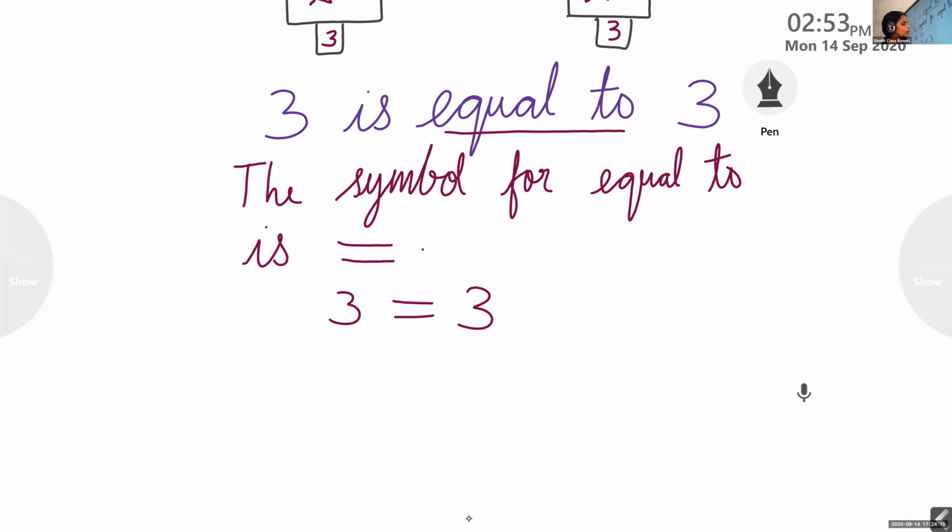Three is equal to 3. Very good, Aman. Let others complete it. Elvin completed. Yes, very good.